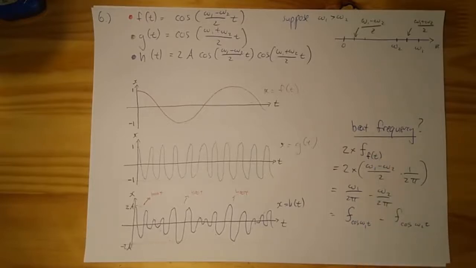So if you play a 100 hertz tone on top of a 101 hertz tone, then you're going to hear 1 hertz beats. All right, now we're quickly going to apply this in exercise 7, and then I'll play some examples of that happening so we can play around with it a little bit.